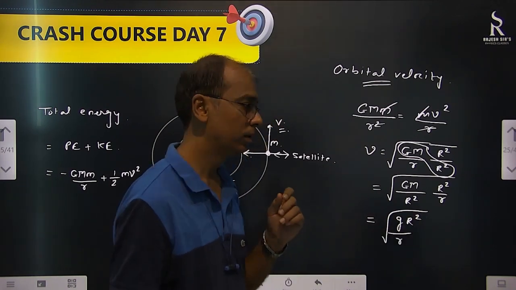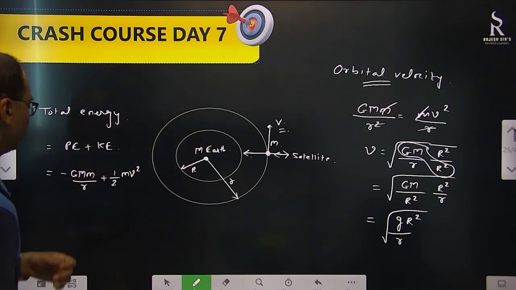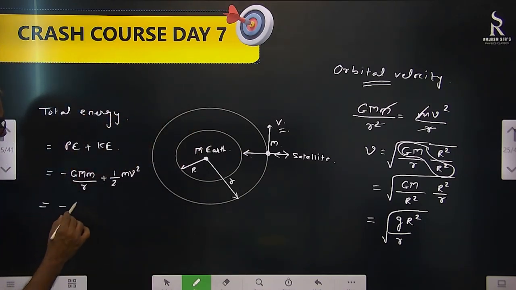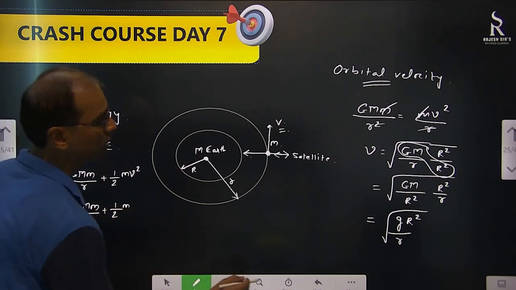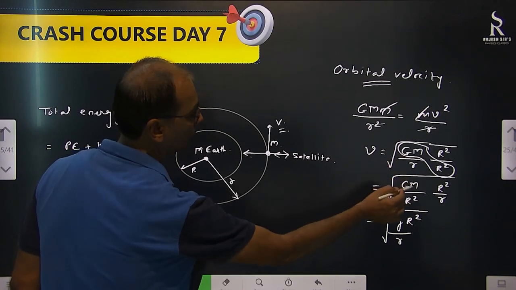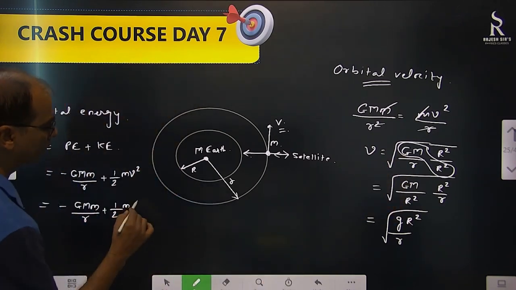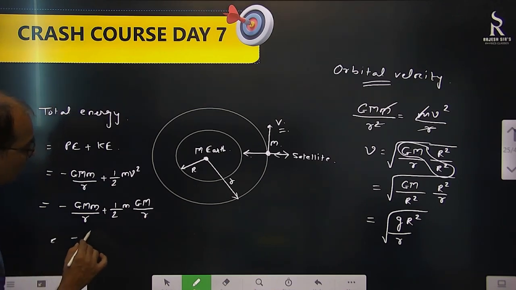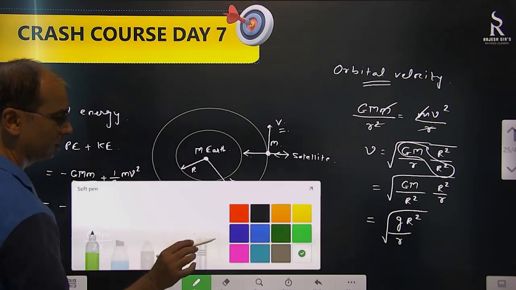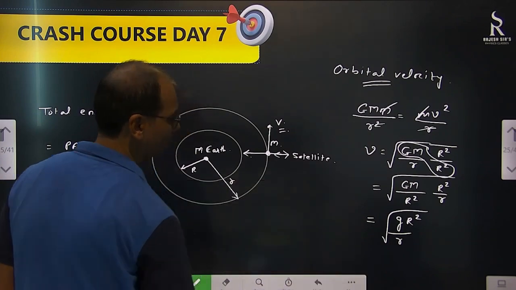Okay, be careful. So what you will do here, I am going to write this as minus GMm by r plus half m times the orbital velocity squared, which is GM by r. So what is total energy? Minus GMm by 2r. What I am trying to tell you with this, first of all, is how to calculate.